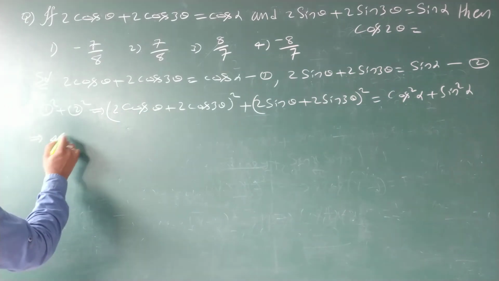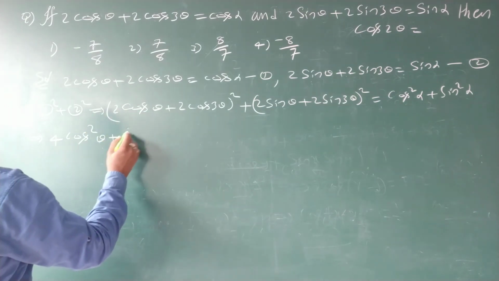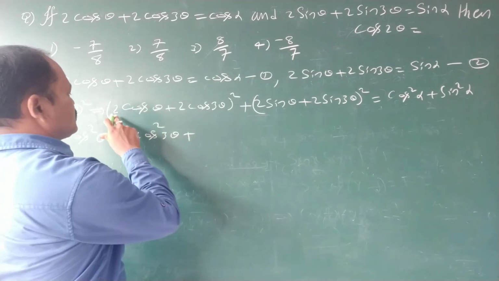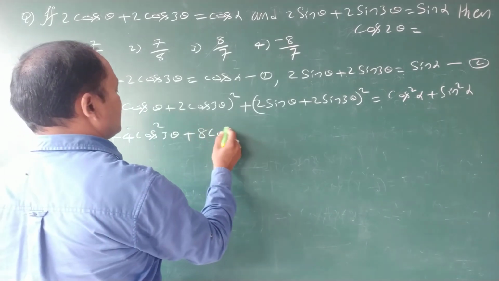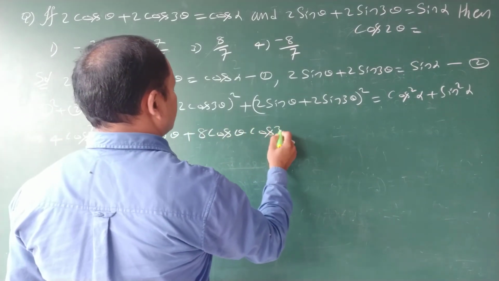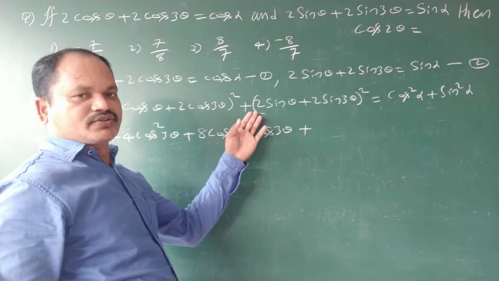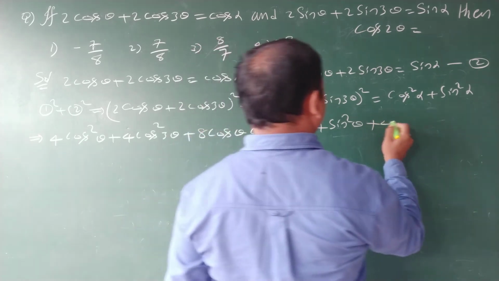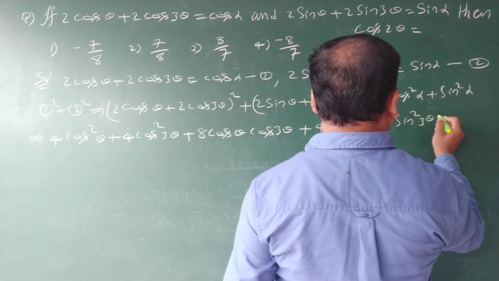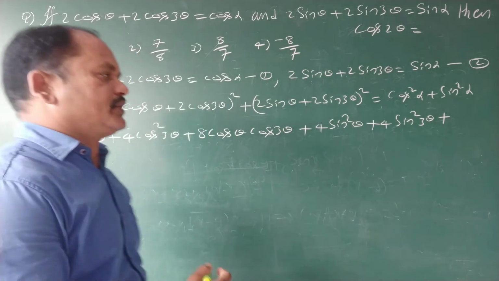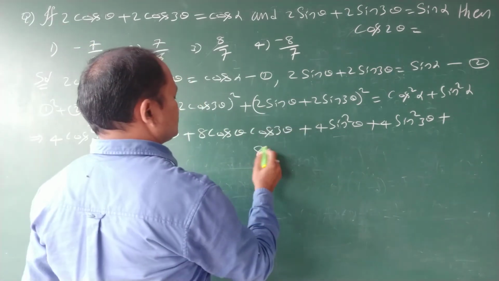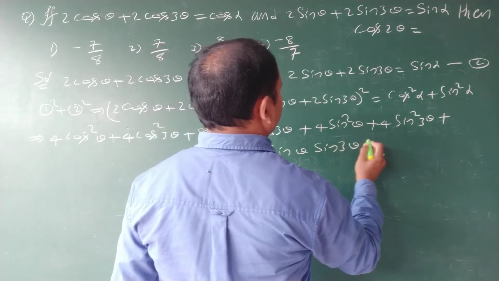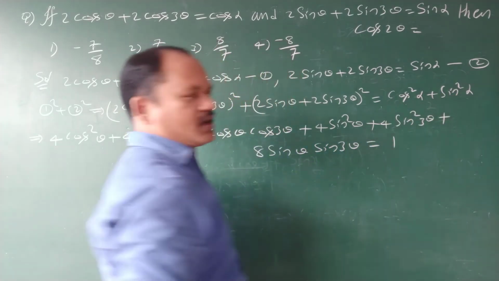Here it is 4 cos square theta plus 4 cos square 3 theta plus 2ab, so 2 into 2 into 2, so 8 cos theta cos 3 theta, plus 4 sin square theta plus 4 sin square 3 theta plus the 2ab term, that is 8 sin theta sin 3 theta, is equal to cos square alpha plus sin square alpha, which is 1.